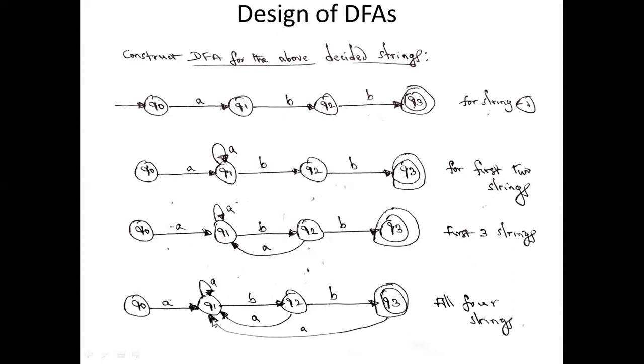Now, what is the last step? This is not a full DFA. A full DFA means we need to show the transitions from each and every state on each and every symbol. There are 2 symbols. So Q0 on B is missing, and Q3 on B is missing. Q1 on A and B is there, Q2 on A and B is there, Q3 on A is there but B is missing. Then what does the 4th step say?